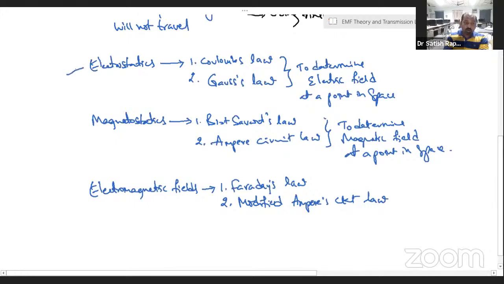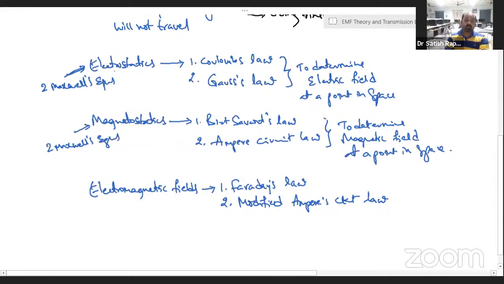From electrostatic fields, we will define two Maxwell's equations, and from magnetostatic fields, we will define two Maxwell's equations.